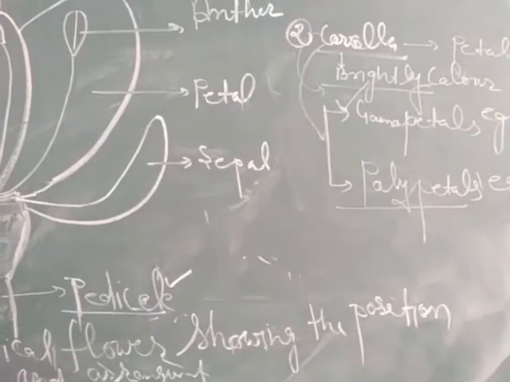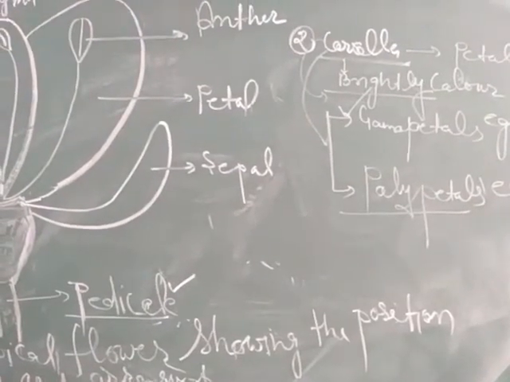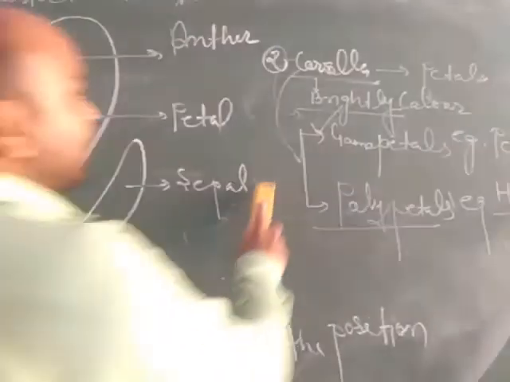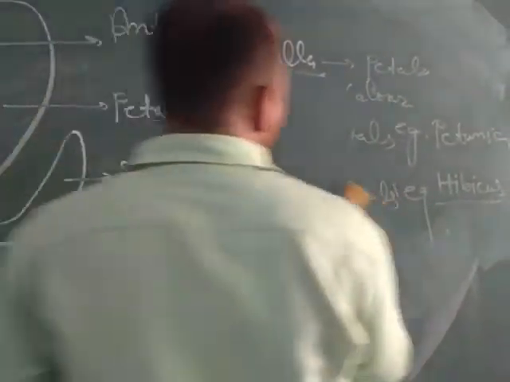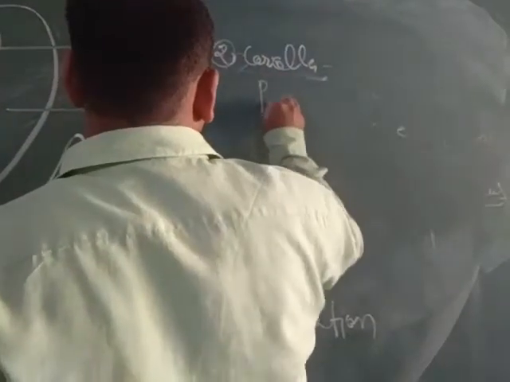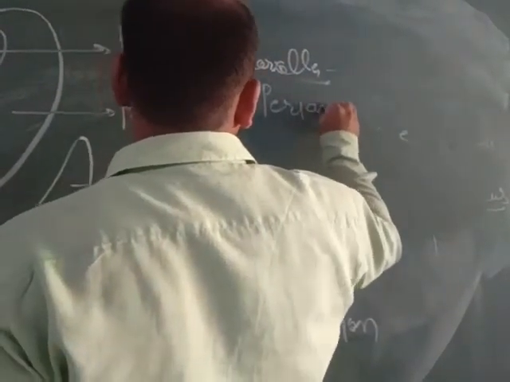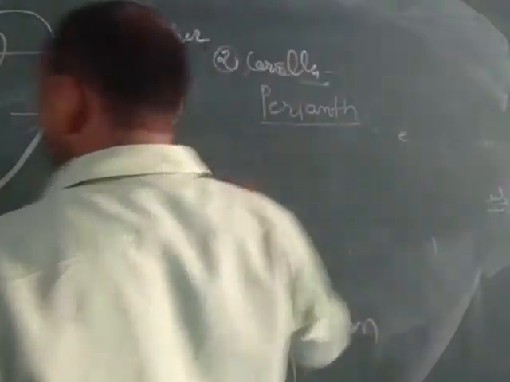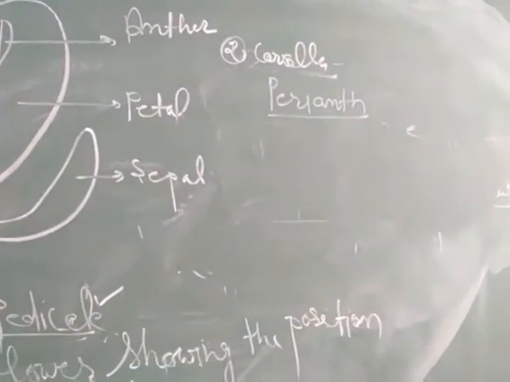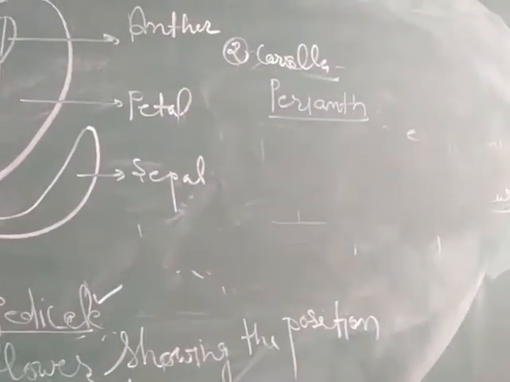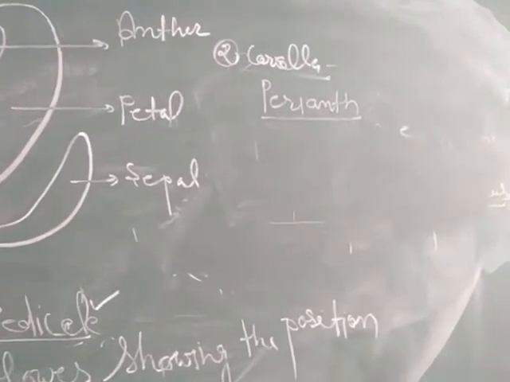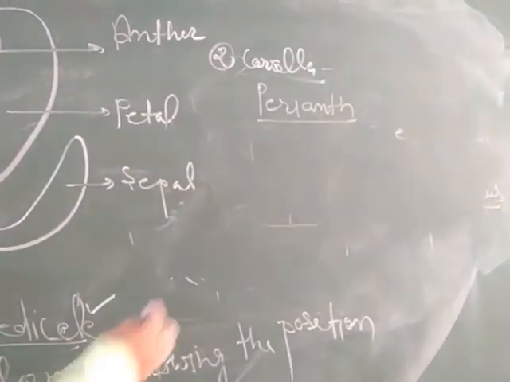Now the next point that we will discuss is perianth. What is perianth? We know that in some flowers, the non-essential parts are not differentiated into sepals and petals.